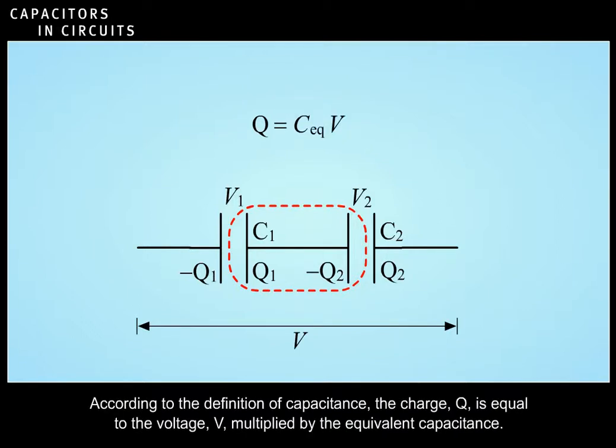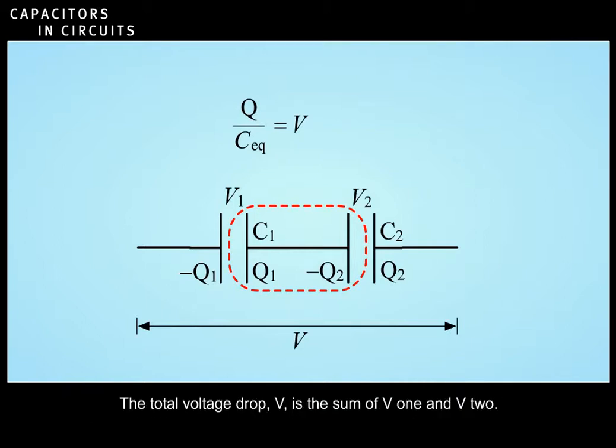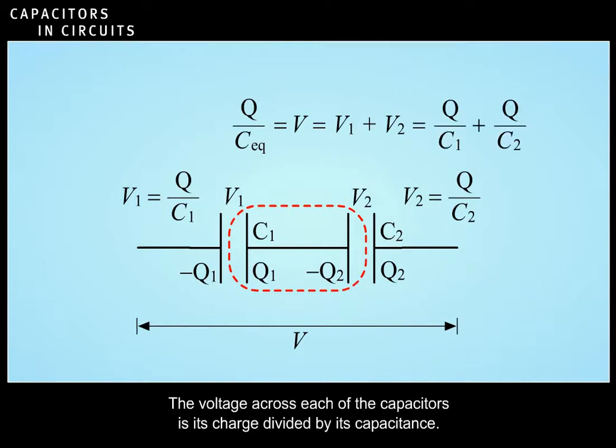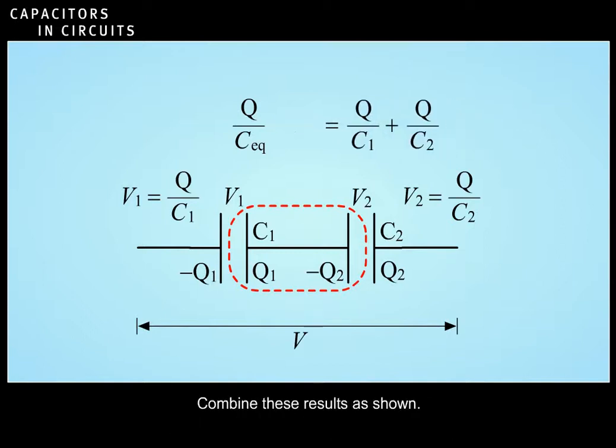According to the definition of capacitance, the charge Q is equal to the voltage V multiplied by the equivalent capacitance. The total voltage drop V is the sum of V1 and V2. The voltage across each of the capacitors is its charge divided by its capacitance. Combine these results as shown.